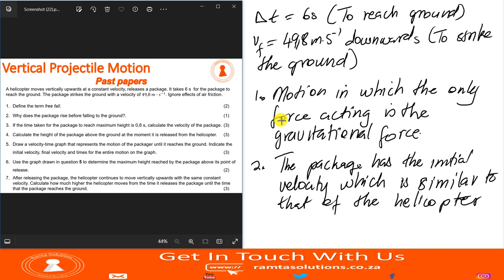This is why the package is rising before falling to the ground. It's basically moving at the same velocity as the helicopter.